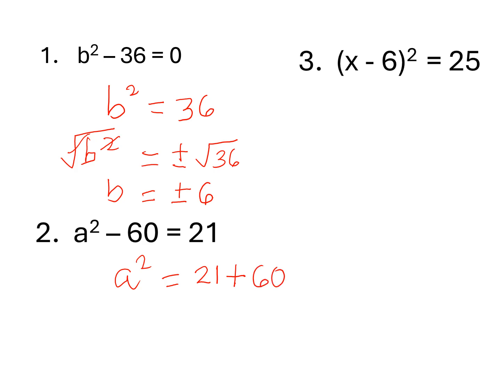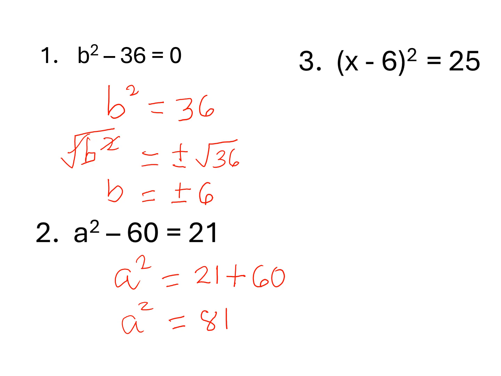The sign was changed because we transferred negative 60 from the left side to the right side. Then a squared equals, simplifying 21 plus 60, that is 81.